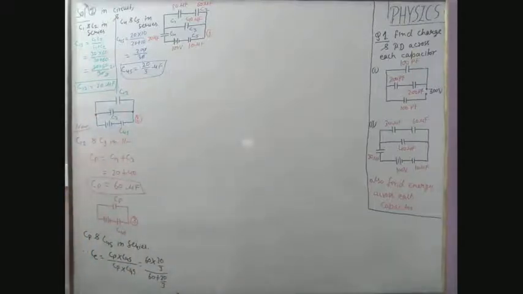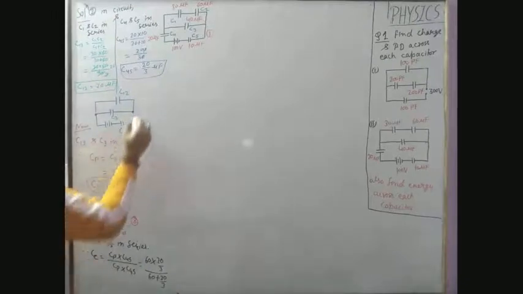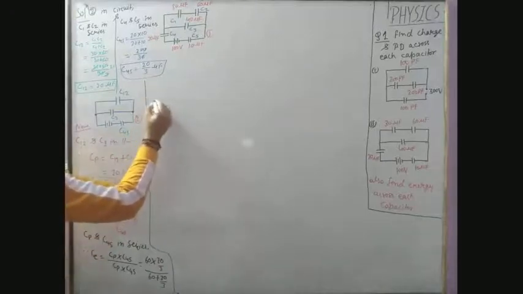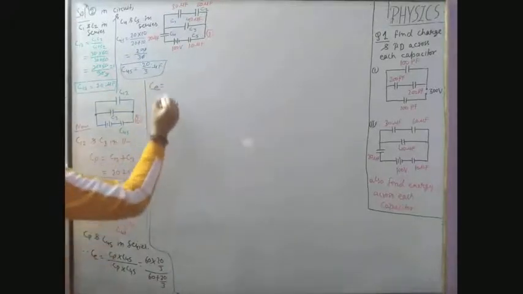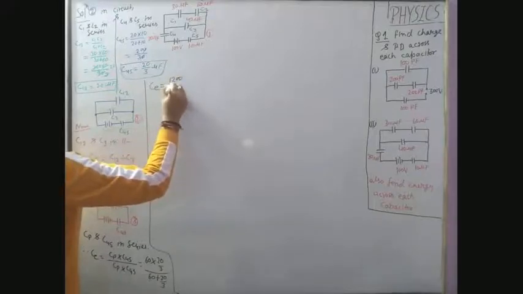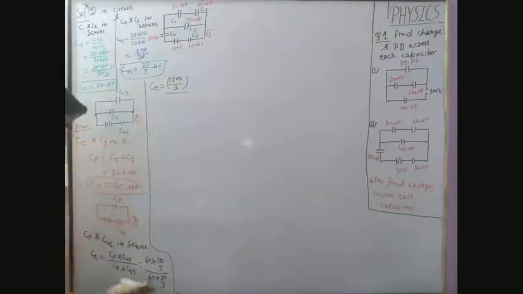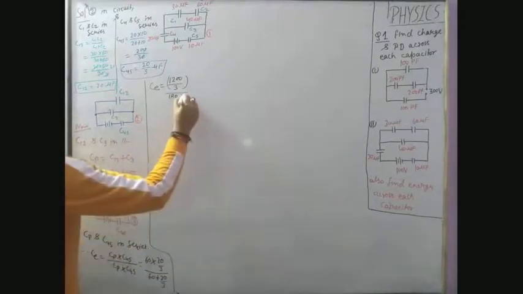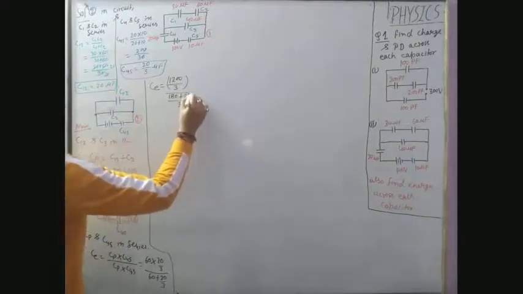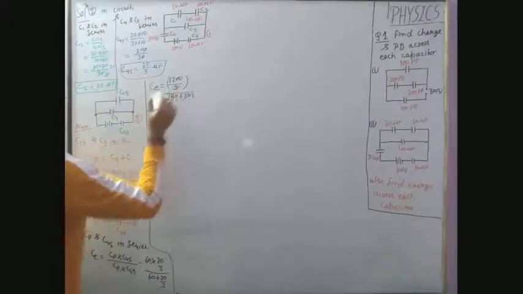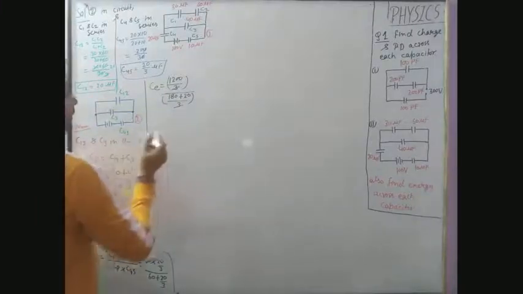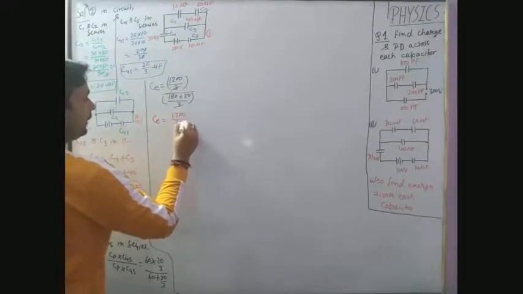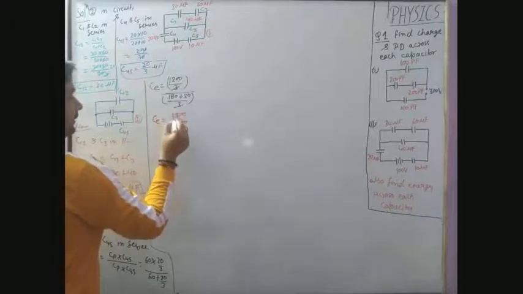Okay, now by taking LCM, C equivalent is equal to 1200 by 3 upon this 3 multiply 180 will become 180 plus 20 by 3. This 3 cancel and we get C equivalent is equal to 1200 upon 200, which cancel by this 6 times.